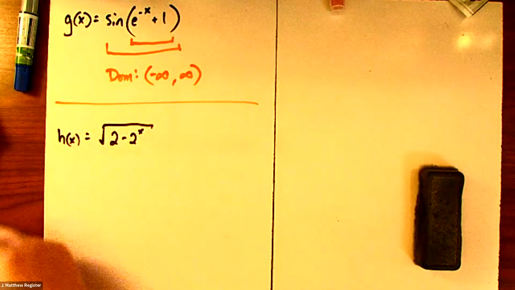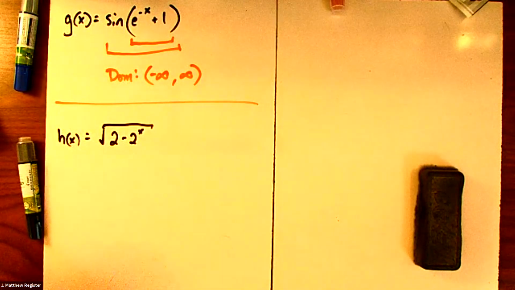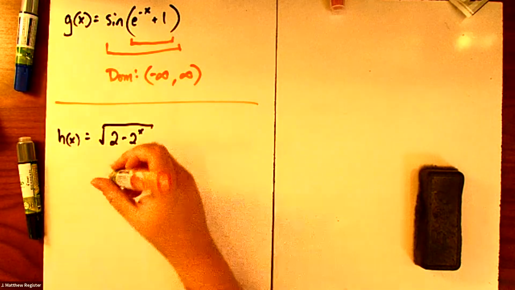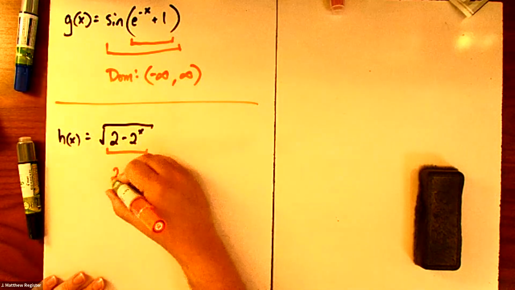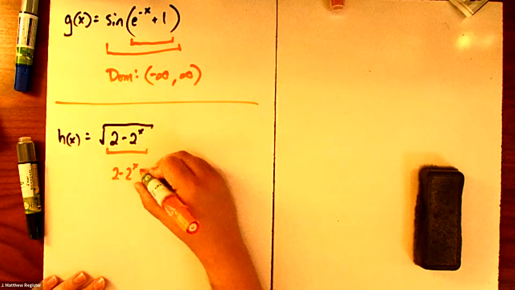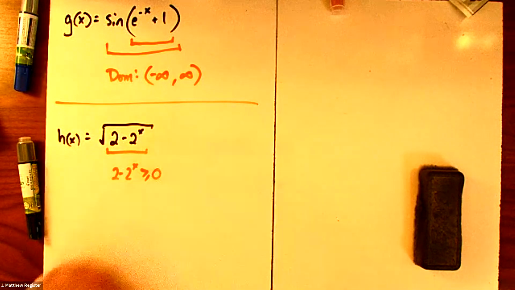And so as soon as we see that we have a square root, we know that we can only take the square root of positive numbers, or 0. Anything less than 0 is going to be undefined. And so that means that this bit here, 2 minus 2 to the x, has to be greater than or equal to 0.